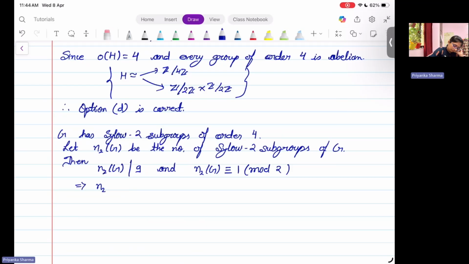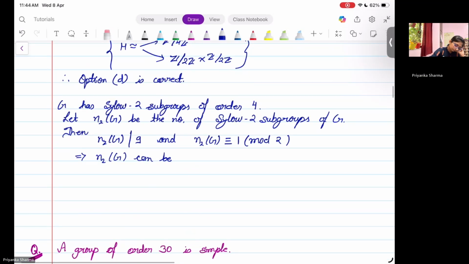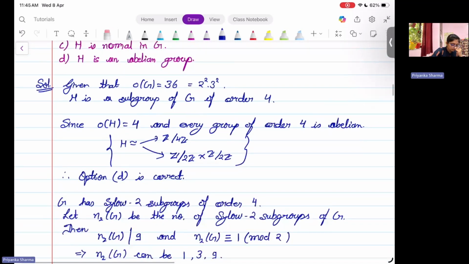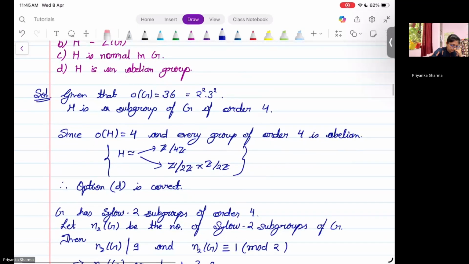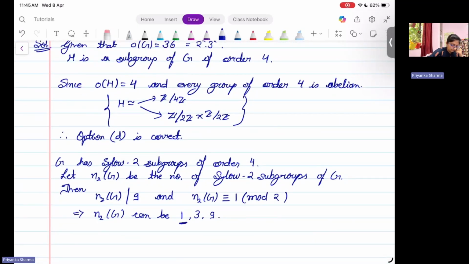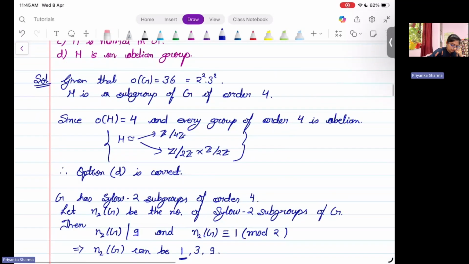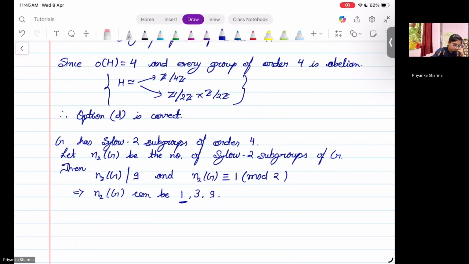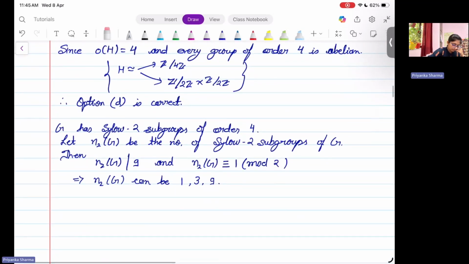So from here, n_2(G) can be 1, it can be 3, and it can be 9 also. So we can't conclude from here. If we had only 1, then we could say that H is normal in G. But now we can't. So let's try in another direction.